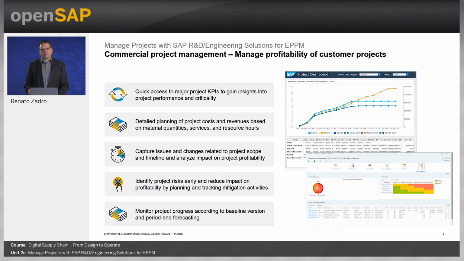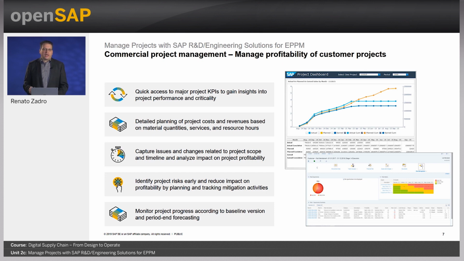Now let's come to commercial project management. This is a solution that enhances the project management capabilities that I introduced before. So it's not a standalone tool, but it's specifically developed to support companies to better manage the commercial aspect of customer projects. The main target industries are therefore professional service organizations and engineering and construction companies.